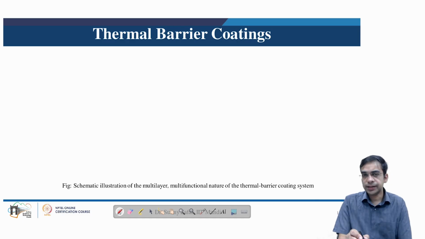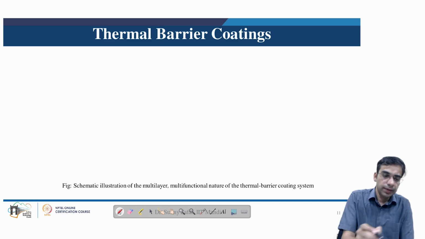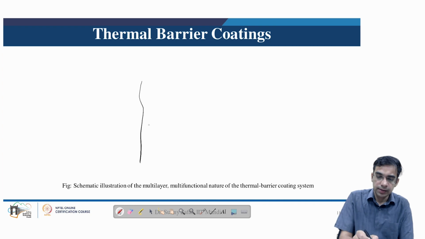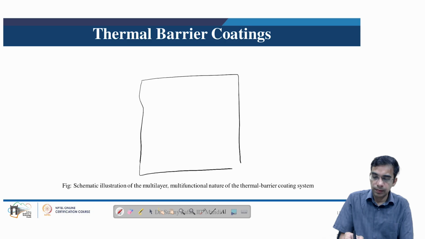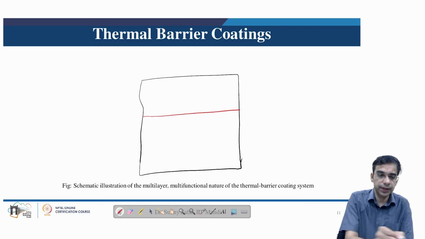So now we will understand the multi-layer, multifunction nature of the thermal barrier coating. As we have seen, it is basically a multi-layer and multifunction material where we have different layers.